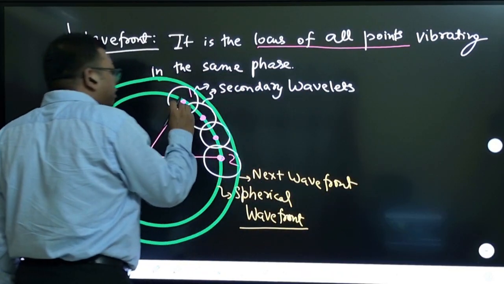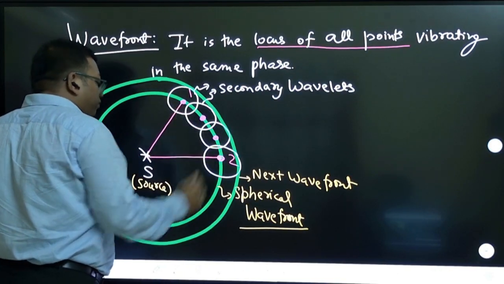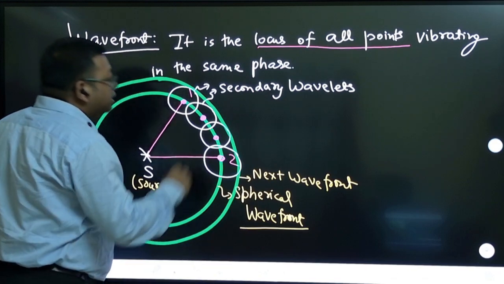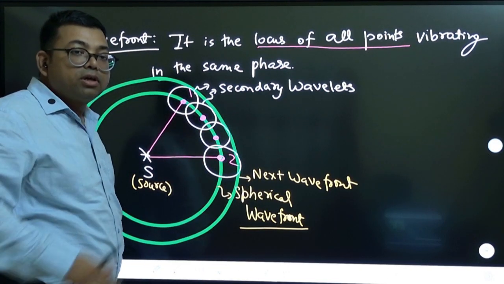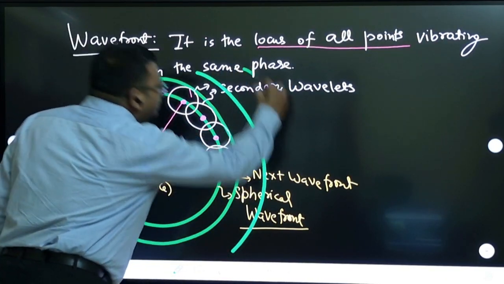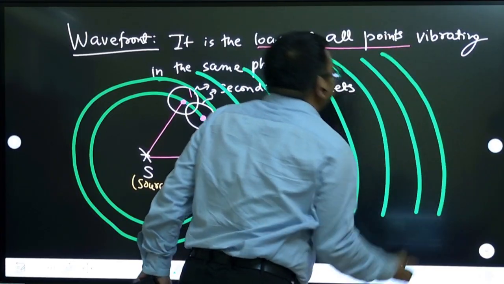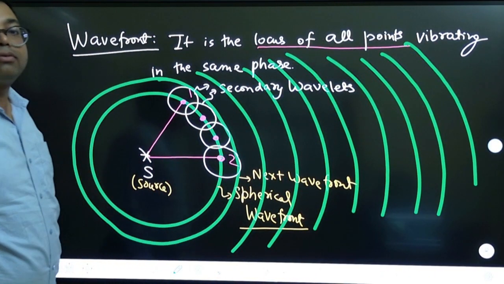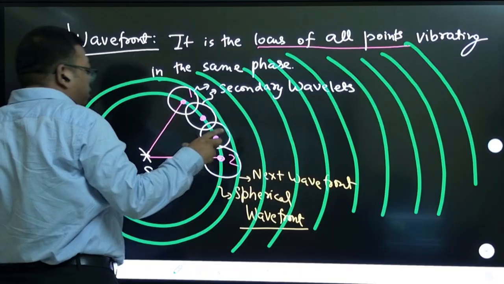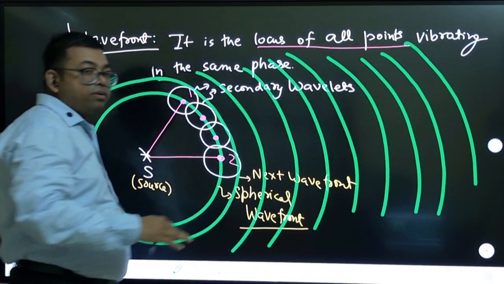You can clearly see that from each of these points of the first wavefront, secondary wavelets come, and by joining all the secondary wavelets you get the next wavefront. Like this it is happening. That's how the light is going to travel from that source, and it keeps on traveling. From that source, light is traveling in this way, and the radius of the wavefronts will keep on increasing. You can see that.